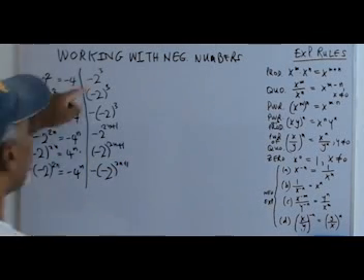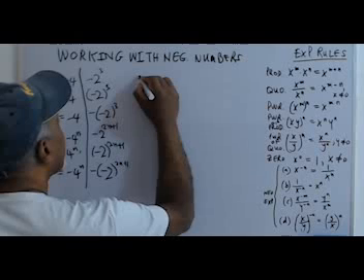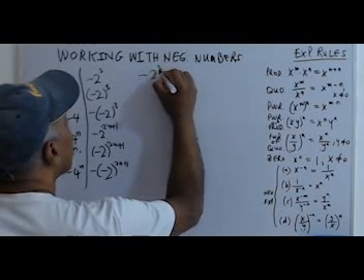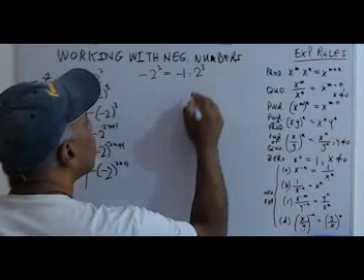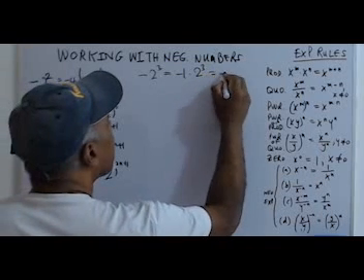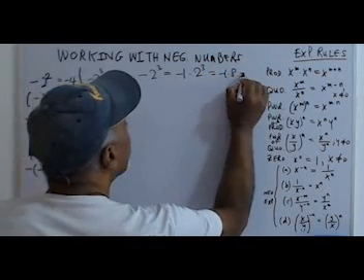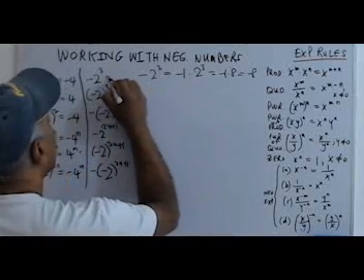Okay, so the first one, we have negative 2 cubed. That's equal to negative 1 times 2 cubed. 2 cubed is 8, so this is negative 1 times 8, or negative 8.